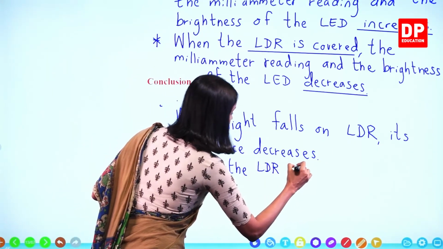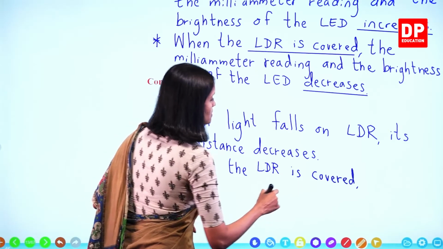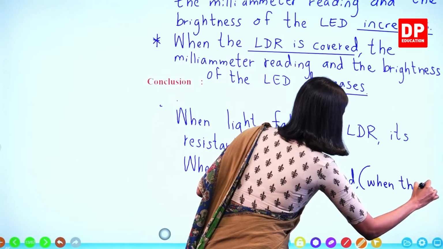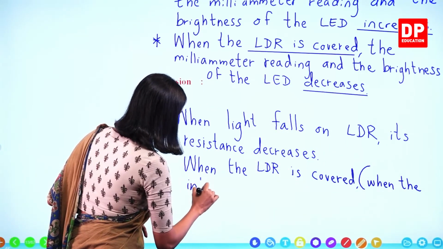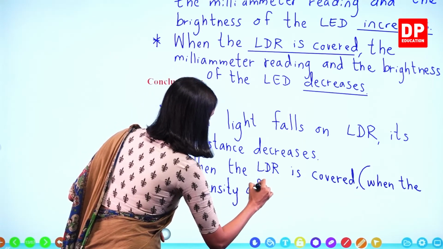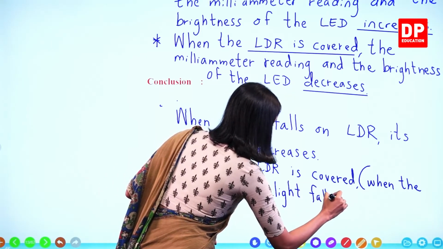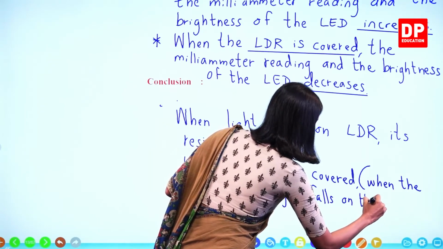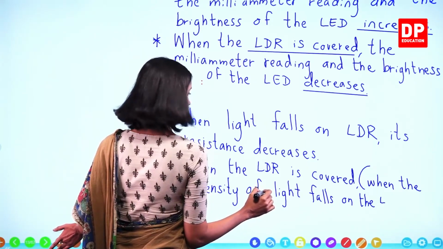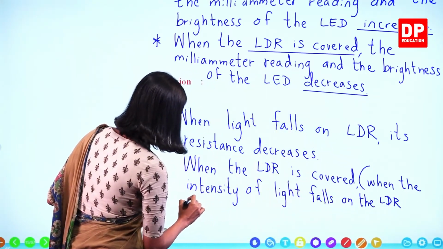When the LDR is covered, we can write within brackets, when the intensity of light falling on the LDR reduces.